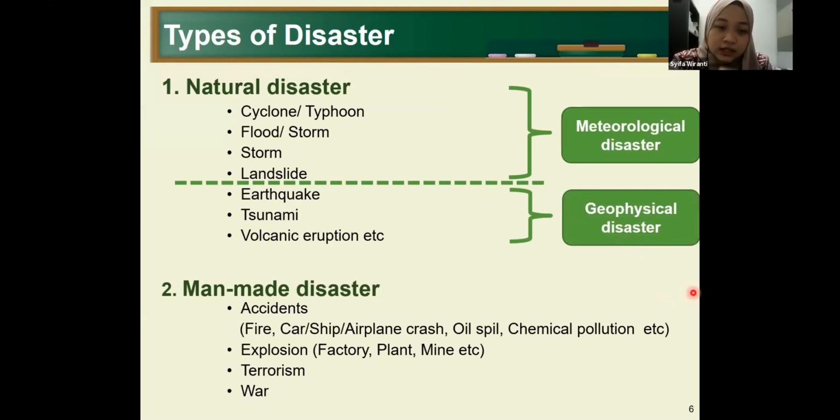Also, I think that climate change plays a huge role in increasing the frequency and severity of disasters such as floods, droughts, heat waves, etc. Yes, it is said that meteorological disasters are becoming more frequent and intense due to climate change.